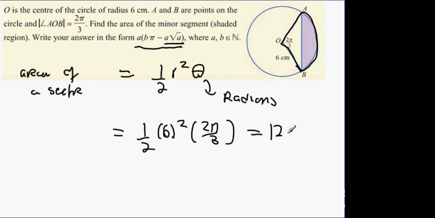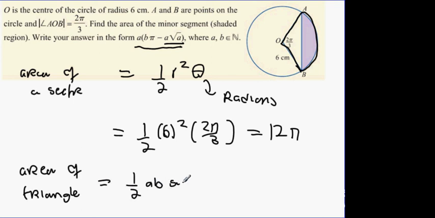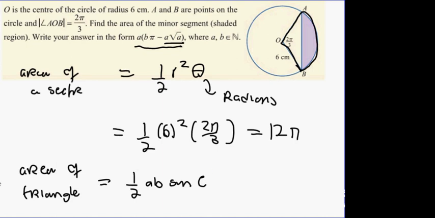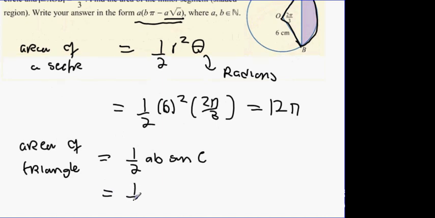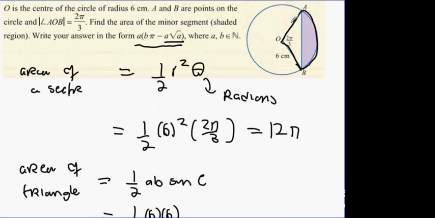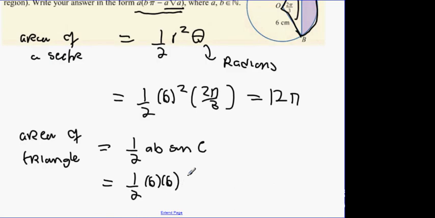Part 2, area of a triangle. Now, area of a triangle is a half ab sine of the angle in between. It's a half 6 multiplied by 6, because we know this is 6 and we know this is 6. What's the angle in between? Sine 2 pi over 3. Go to your calculator.